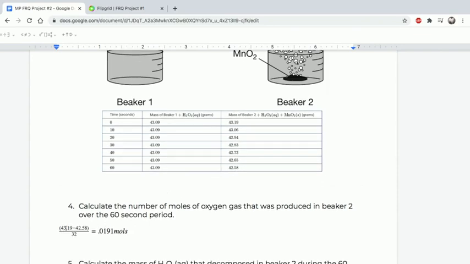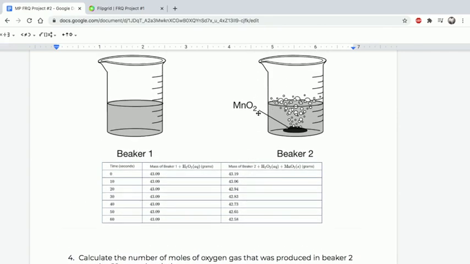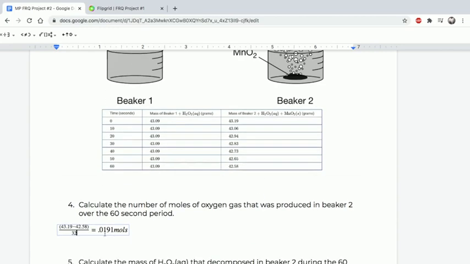I put that over the molar mass of O2, which gives us 0.019 moles, because it's asking how many moles of oxygen were created. As we know, oxygen's a gas and it'll just float right out of the container, so it's easy to find if we subtract the starting mass by the ending mass and find the moles.